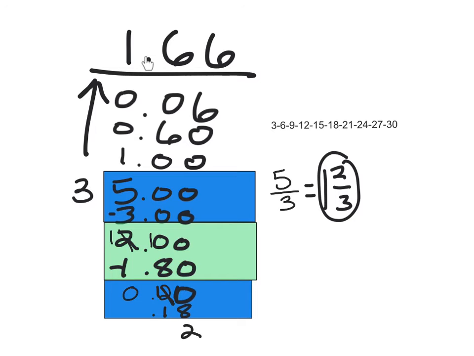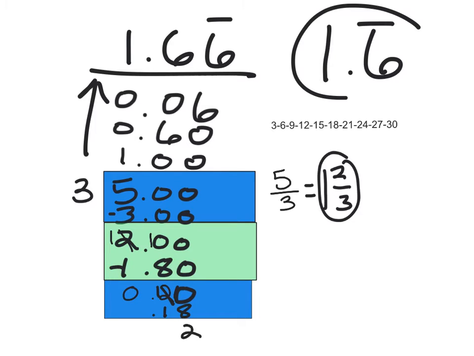And as we've learned earlier, when you're on this side of the decimal point, if you get the same number twice in a row, well, then you've got a repeating pattern like we've got here, and it's going to just happen forever and ever, my friend. So all you have to do is put a little line above that, and it means that that 6 is repeating forever and ever. Now you could also write this as 1.6 with the repeating sign above it, and that right there is your answer.